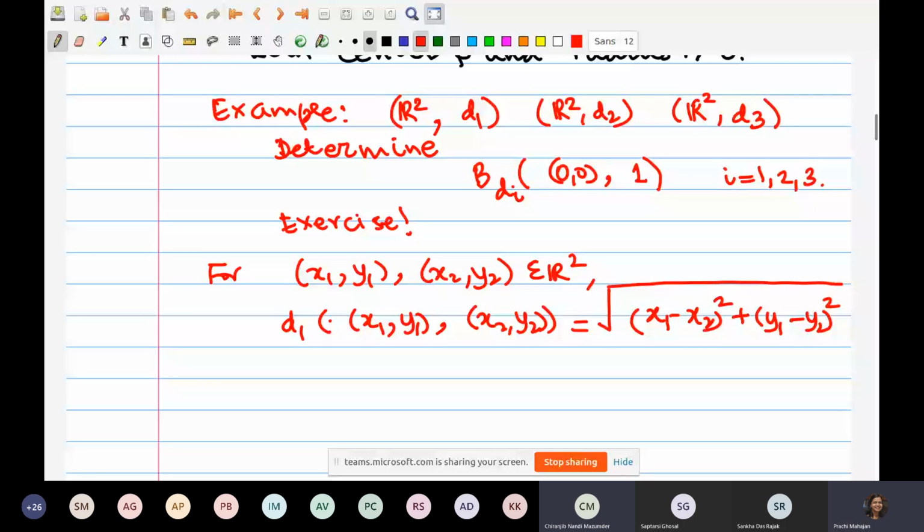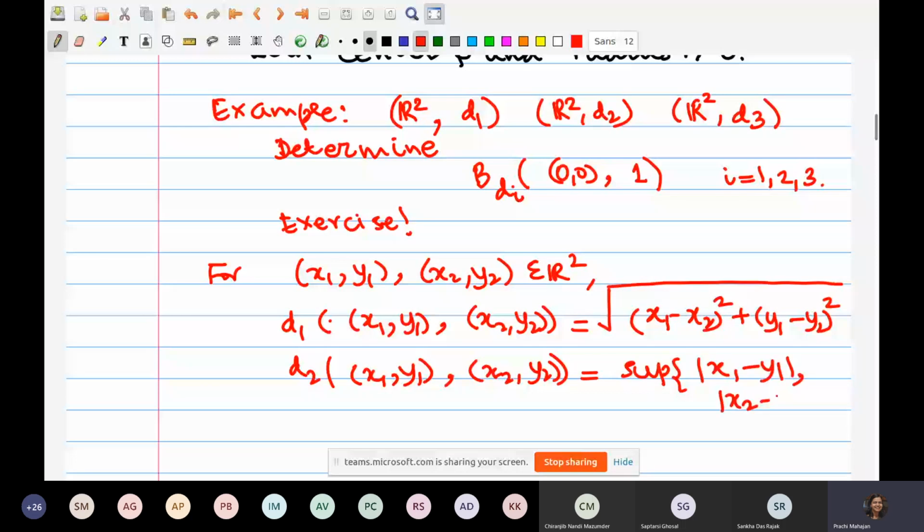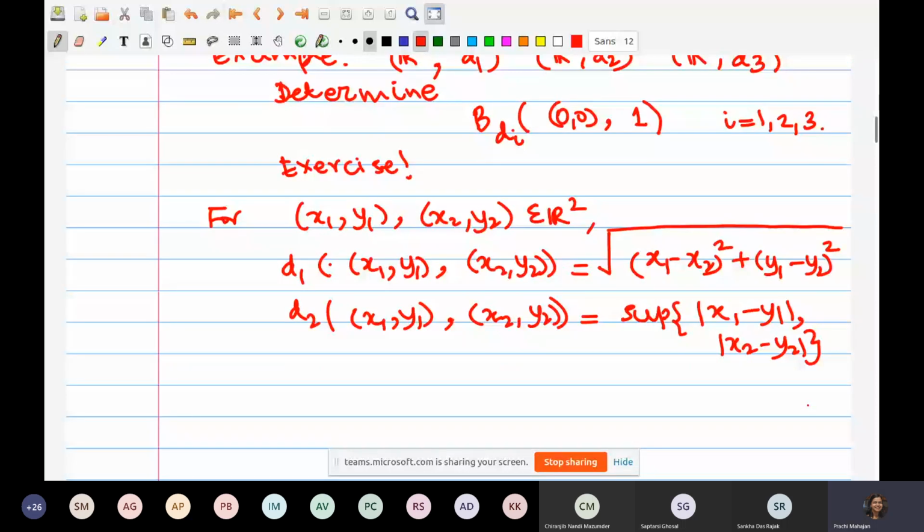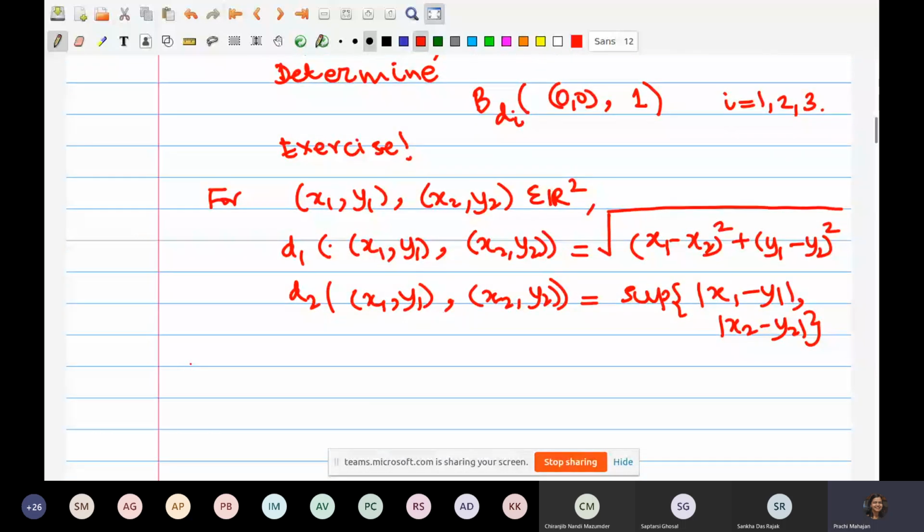And d2 was the supremum of the absolute value of x1 minus x2 and y1 minus y2.